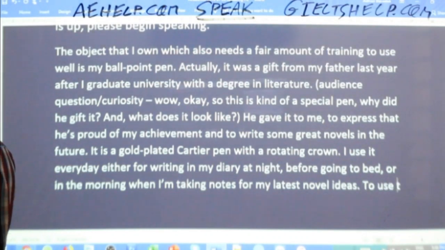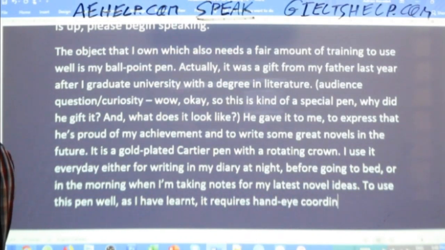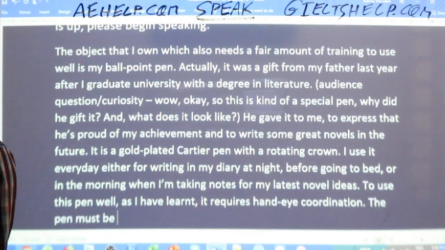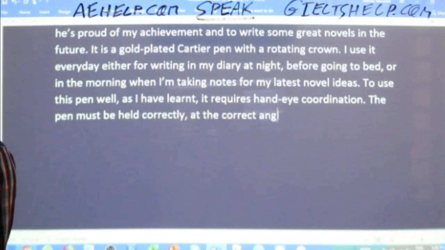To use this pen well, as I have learned, it requires hand-eye coordination. The pen must be held correctly at the correct angle.